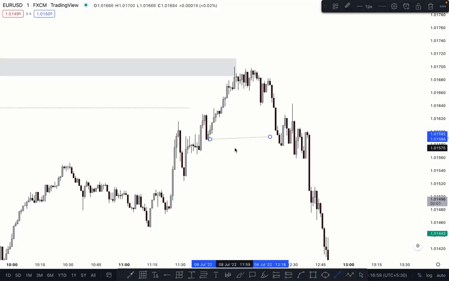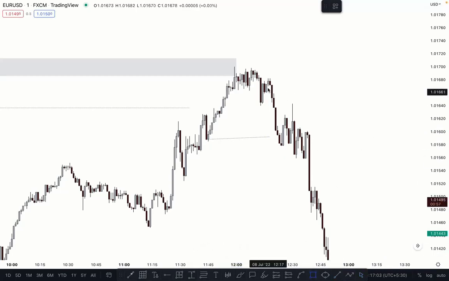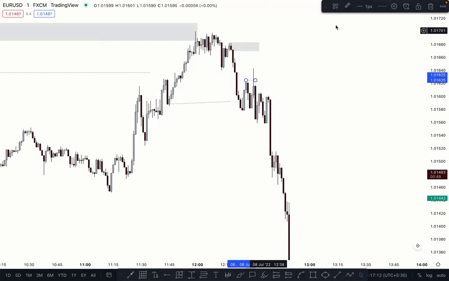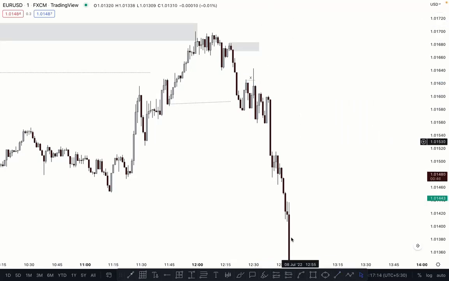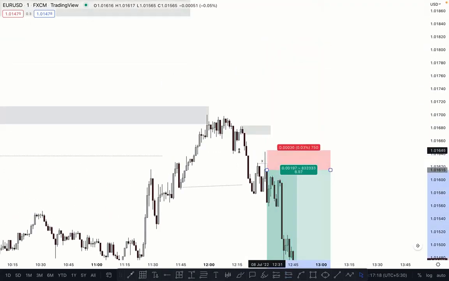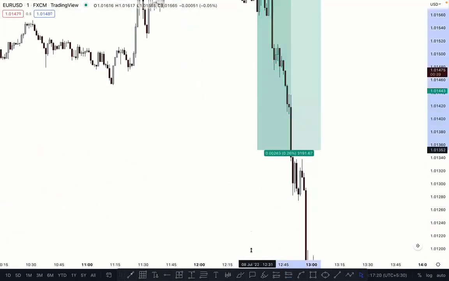Some people mark this as a CHoCH and they would like to wait for the mitigation order block, which is here probably, correct, and then sell. But as per our entry plan, we don't need to wait for mitigation of any order block, we can sell here. And this is our entry type 3.